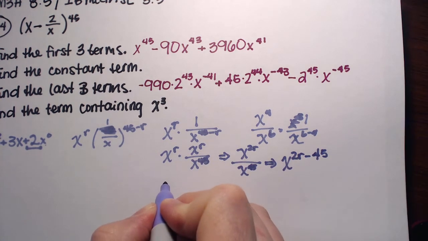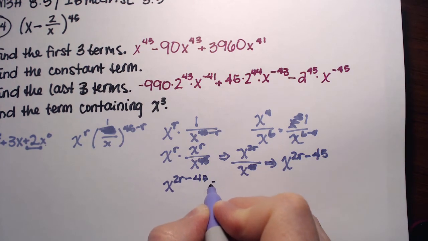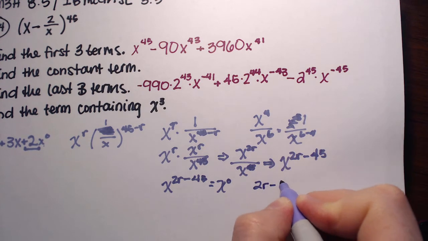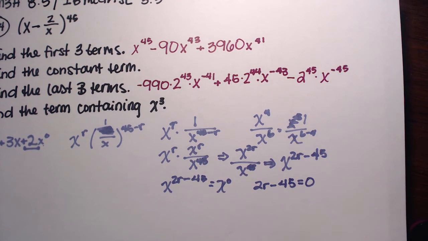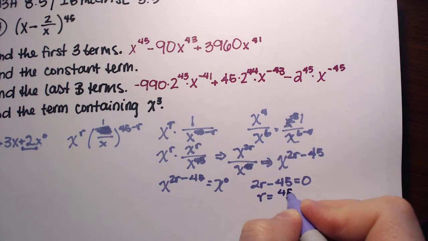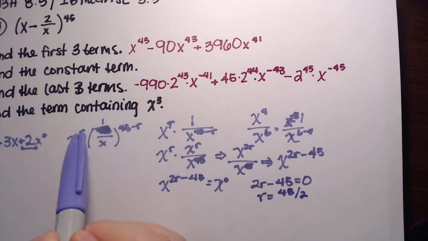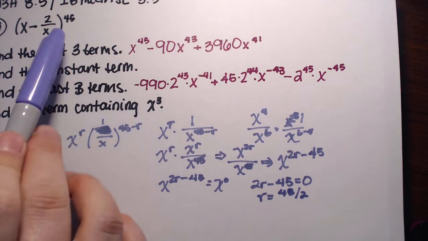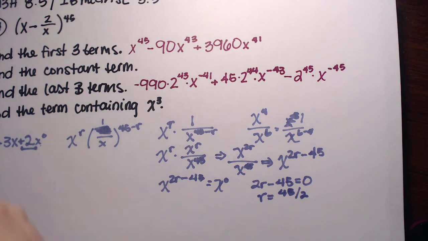So what I'm really trying to see is, does that ever give me x to the 0 power? So does 2r minus 45 ever equal 0? Well, when r is 45 halves. So if I let my exponent be 45 halves, I should get an answer. But we don't let the exponents be half numbers. They have to be whole numbers. So we can't do that.